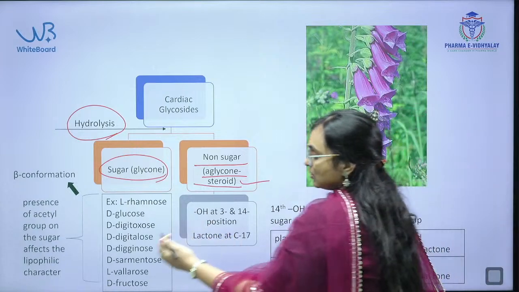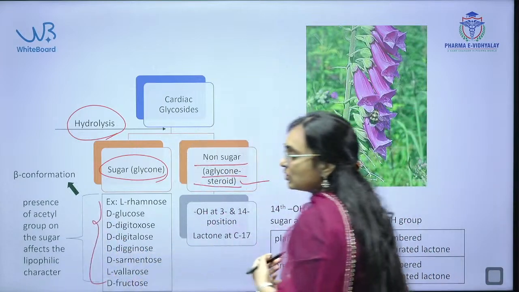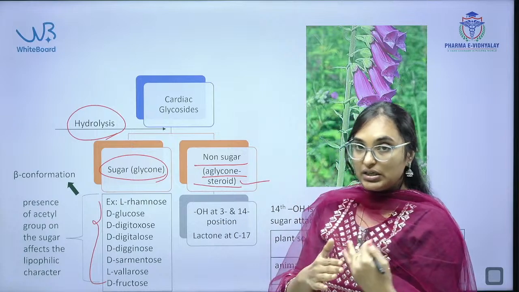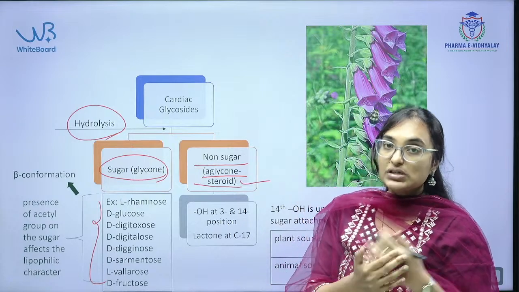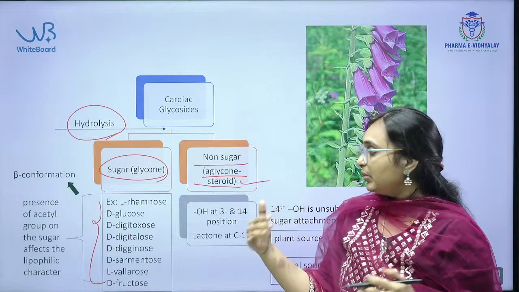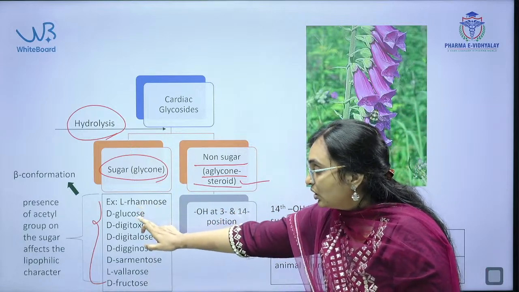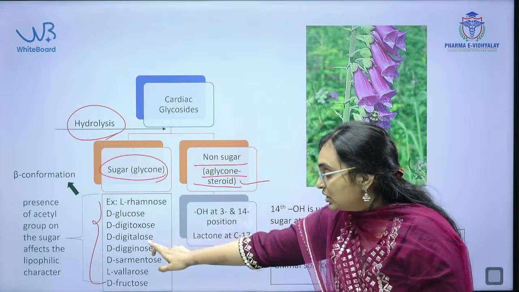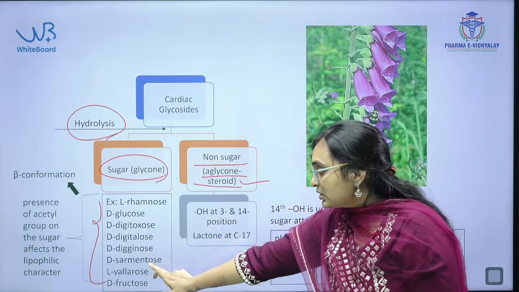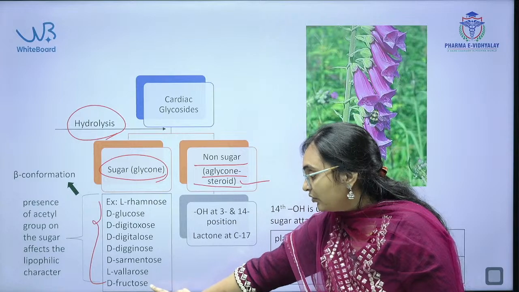The sugar part consists of sugars like these. Depending upon the drug, digitalis has some sugars and squill has some sugars. Examples of sugars: rhamnose, glucose, digitoxose, digitalose, diginose, sarmentose, valorose, fructose.